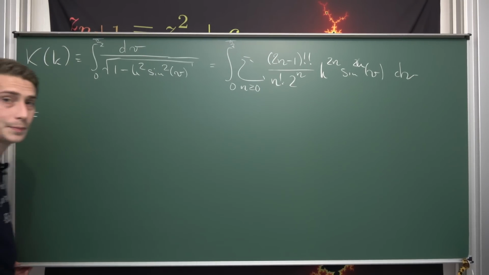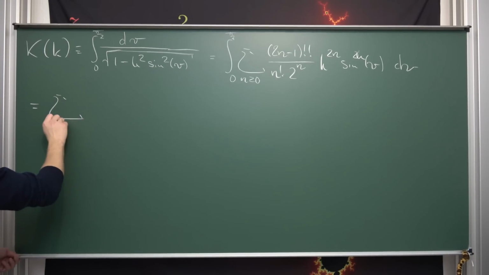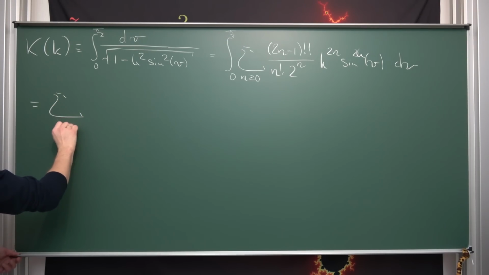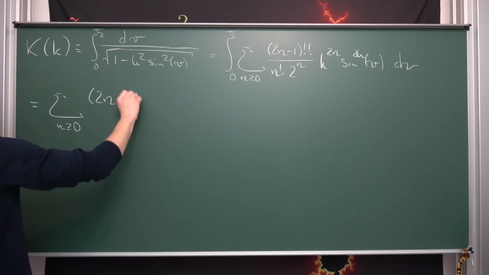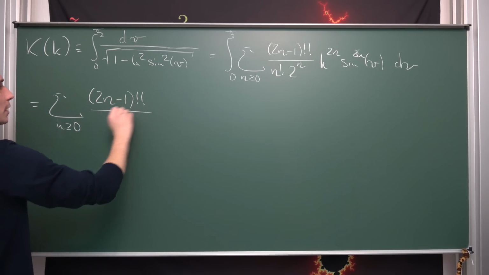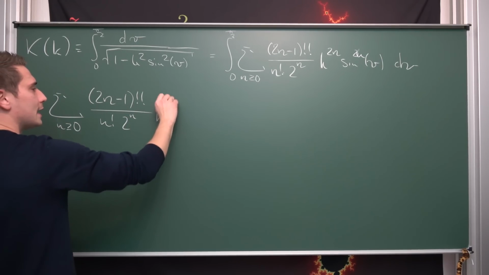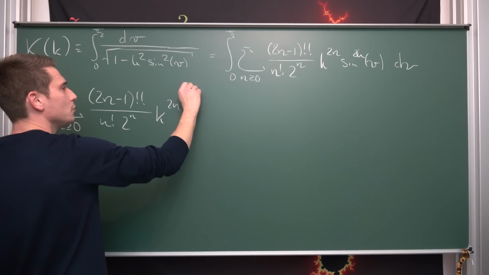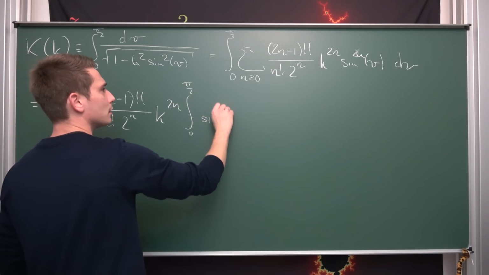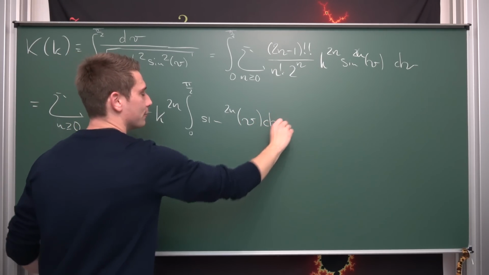Meaning the complete elliptic integral of the first kind with respect to k is hence nothing but the series expansion where n, not k, is greater or equal to 0 of 2n minus 1 double factorial divided by n factorial 2 to the nth power k to the 2nth power, integral from 0 to pi over 2 of the sine of theta to the 2n, d theta.